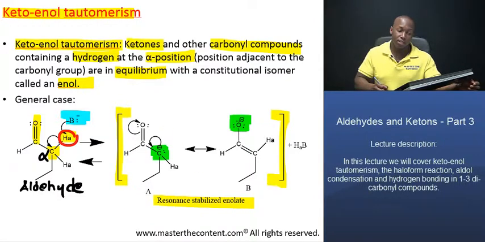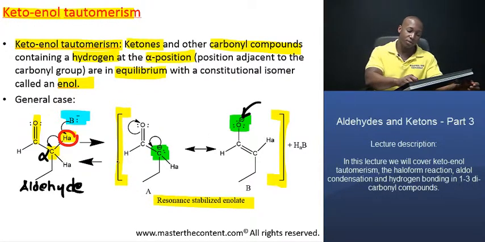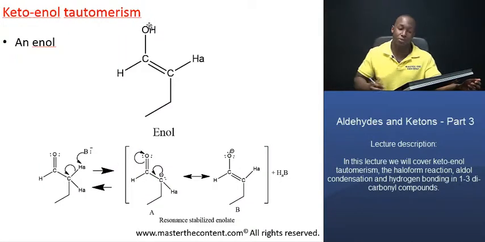So if we actually do protonate this compound at a different site, at the oxygen atom, we get what is referred to as an enol. And that's what we have on the screen right there. We have an enol. So an enol is basically an alkene to which one of the carbons is attached to a hydroxyl group. So you pretty much have an alkene that has a hydroxyl group attached to one of the carbons involved in forming the double bond.